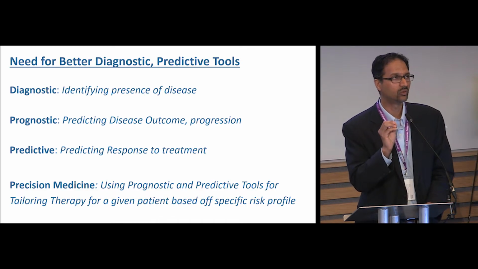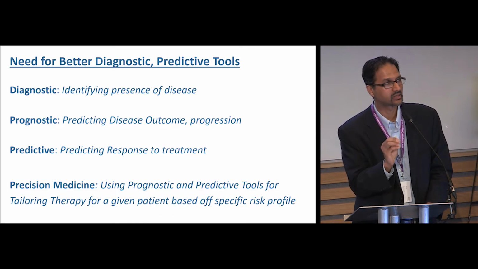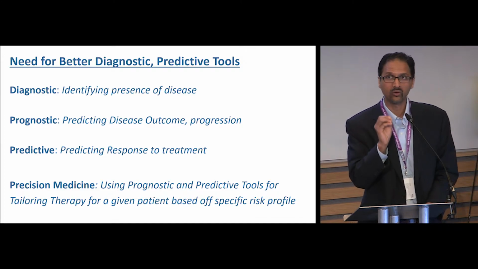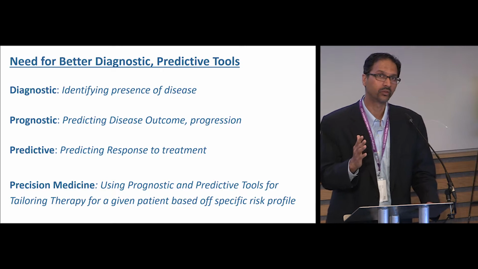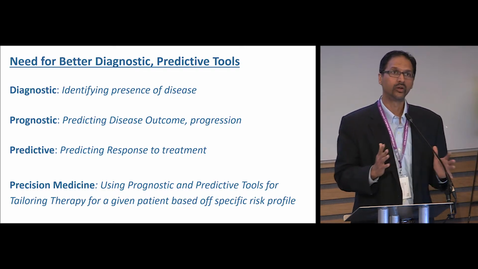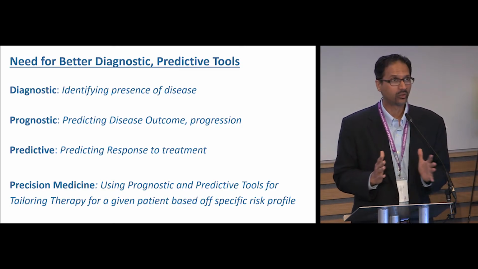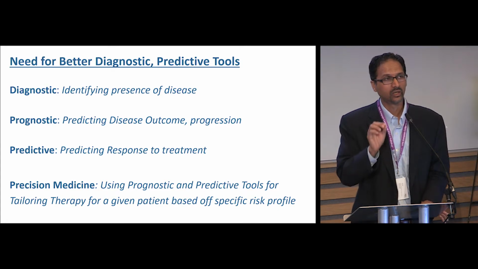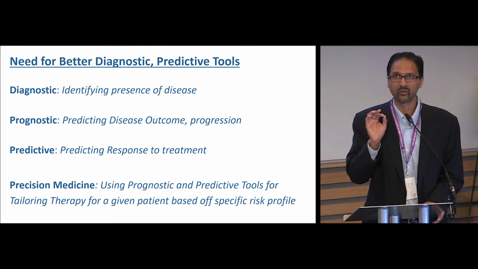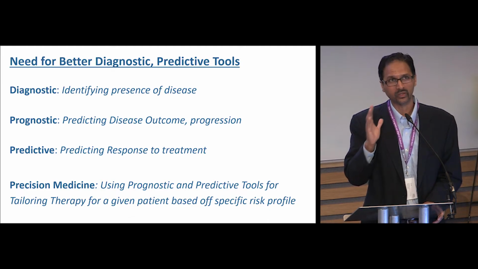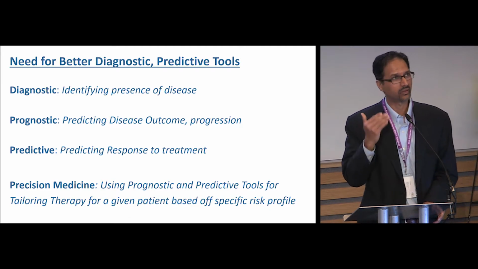Is this a patient who has perhaps less aggressive disease and therefore might not require adjuvant chemotherapy, as an example? Or is this a patient who is going to respond to immunotherapy or not going to respond to immunotherapy? The use of the term predictive here is perhaps different from how a lot of us in the computational space, in the AI space, think of prediction.